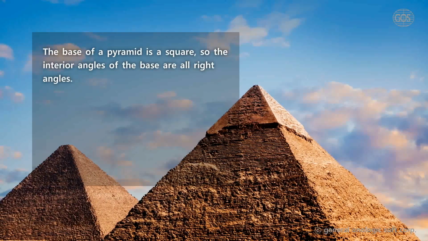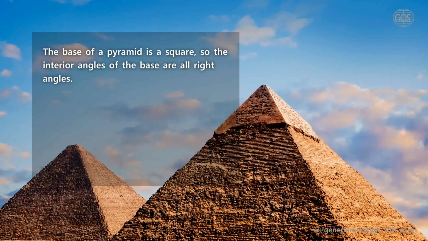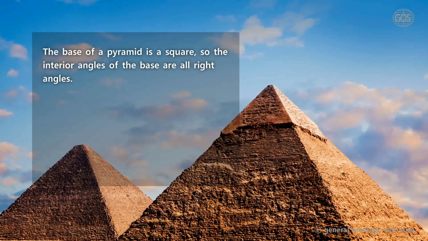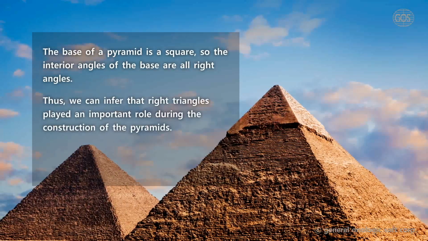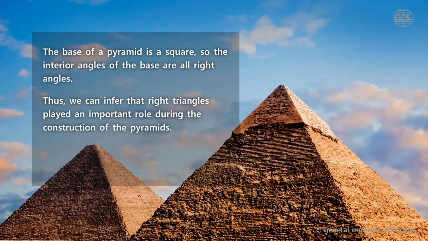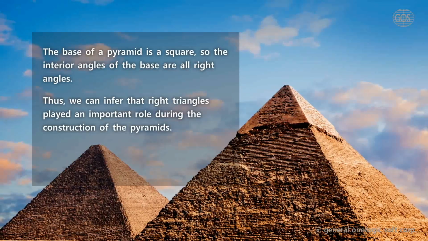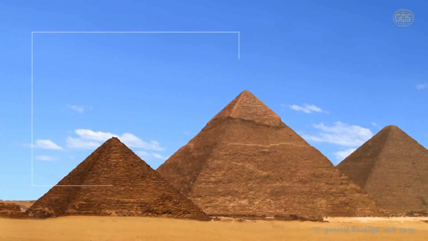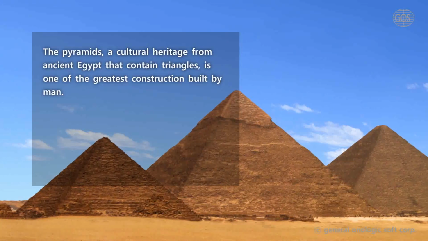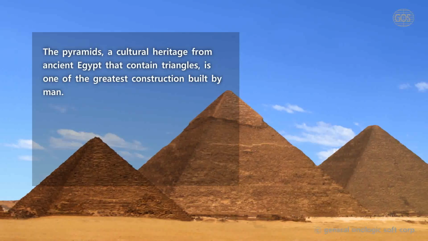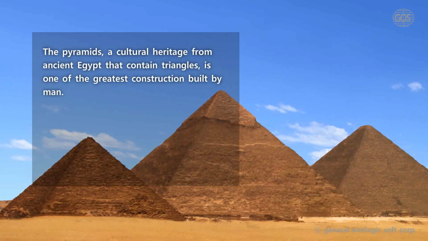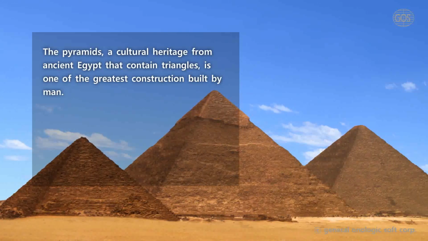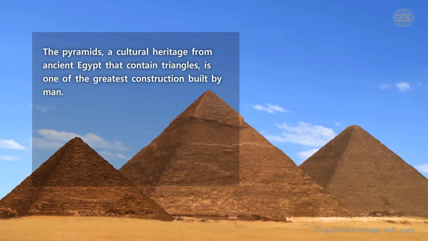The base of a pyramid is a square, so the interior angles of the base are all right angles. Thus, we can infer that right triangles played an important role during the construction of the pyramids. The pyramids, a cultural heritage from ancient Egypt that contain triangles, are one of the greatest constructions built by man.